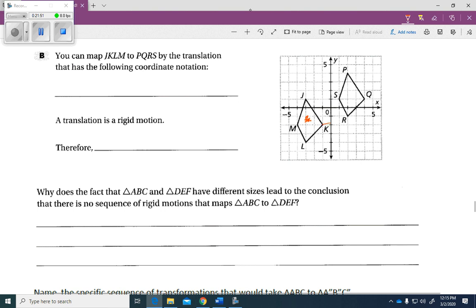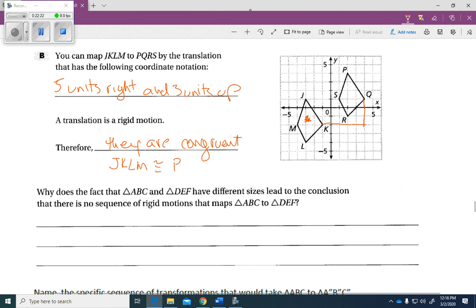I have to translate it 1, 2, 3, 4, 5 to the right, and 1, 2, 3 units up. And a translation is a rigid motion, therefore they are congruent. JKLM is congruent to PQRS.